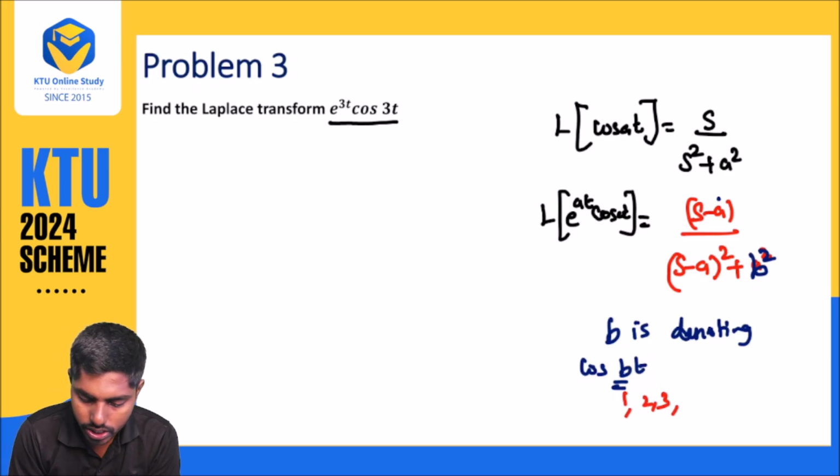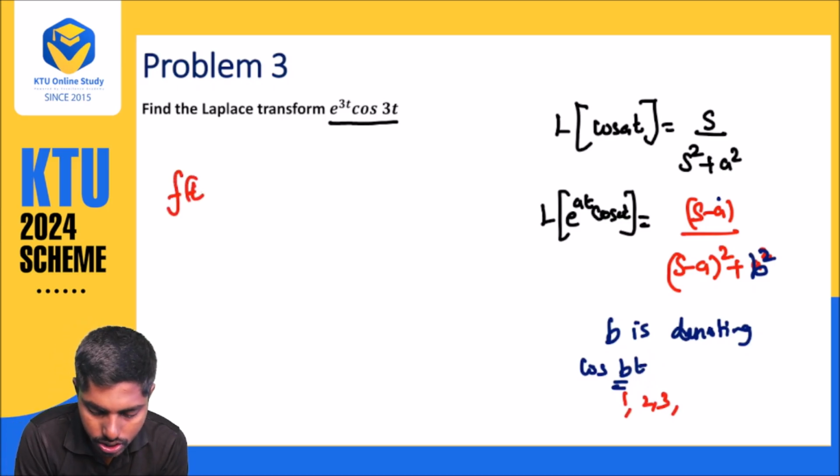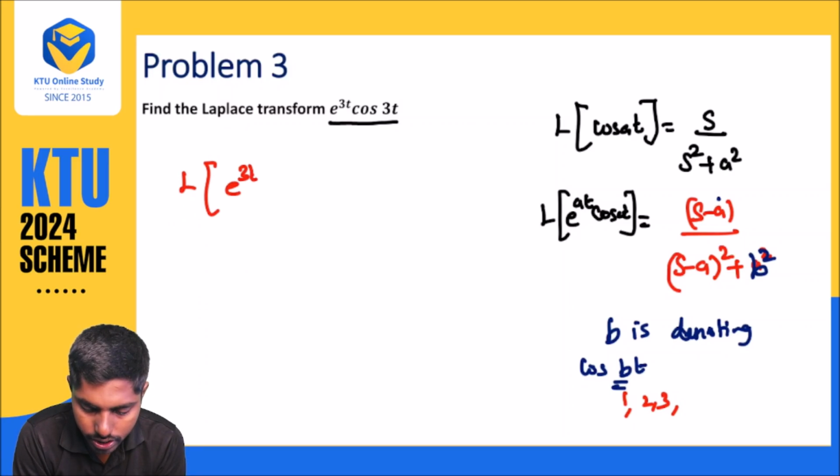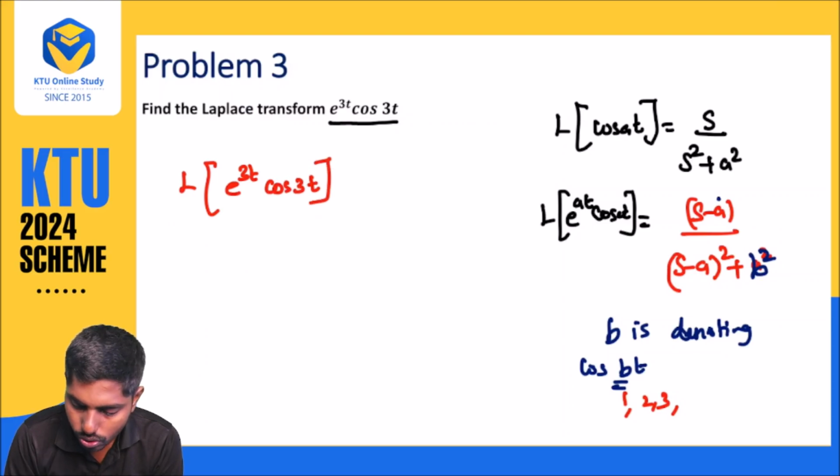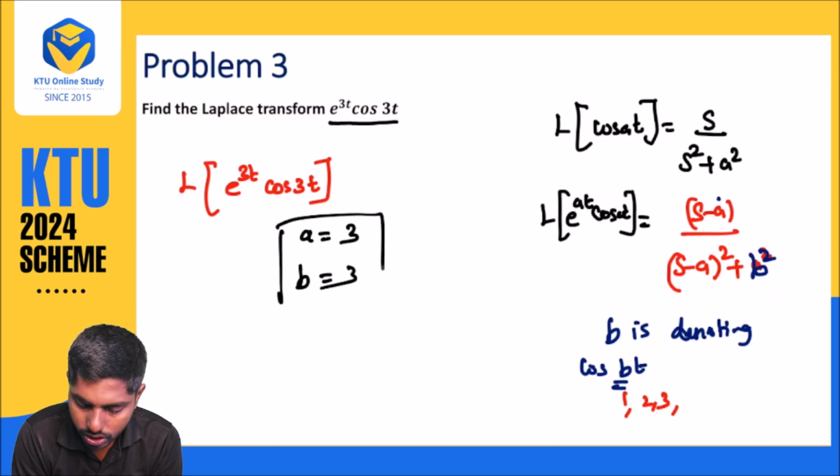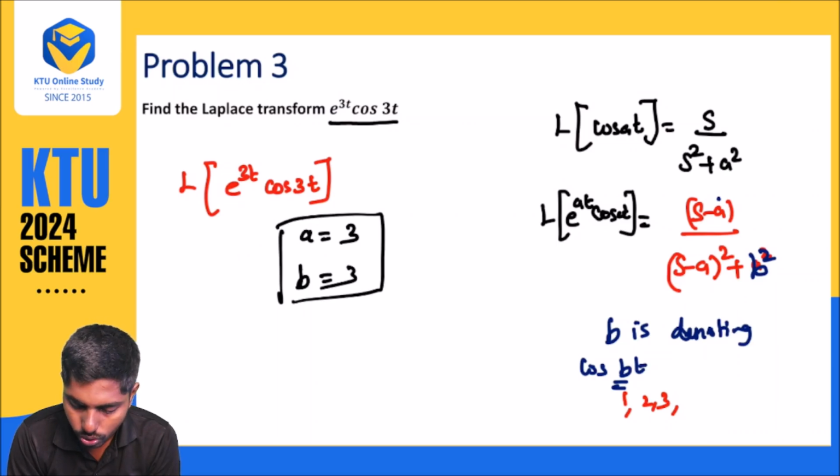Okay. So what have they given? f of t is equal to Laplace of e^(3t) cos 3t. So what is a? Here a equal to 3 and b is equal to 3. Both are same only. So what is our answer?